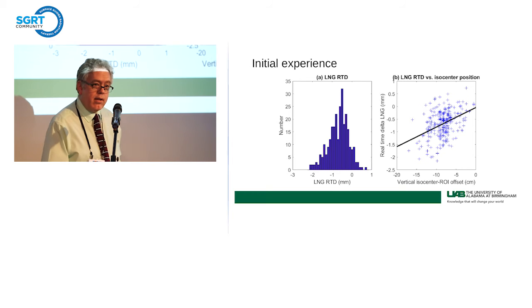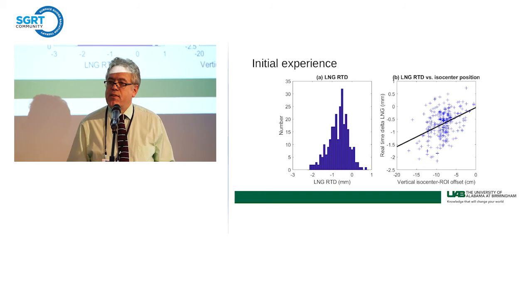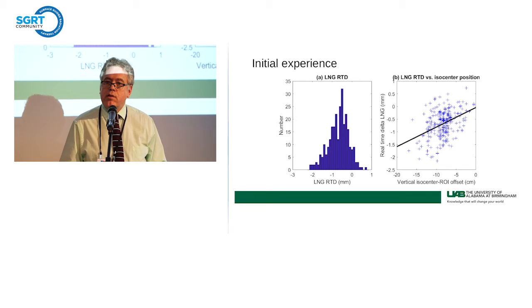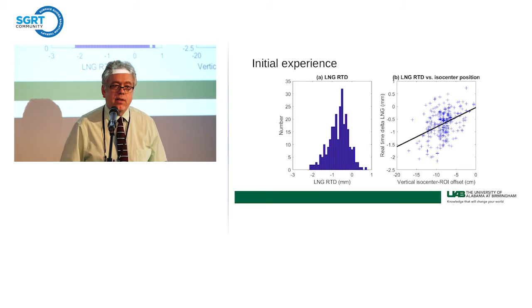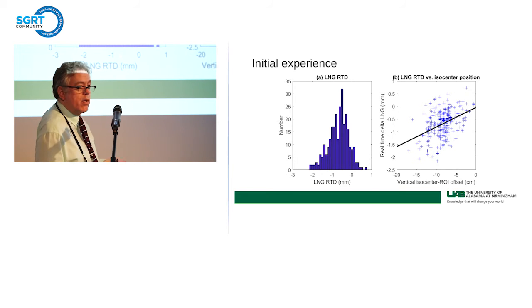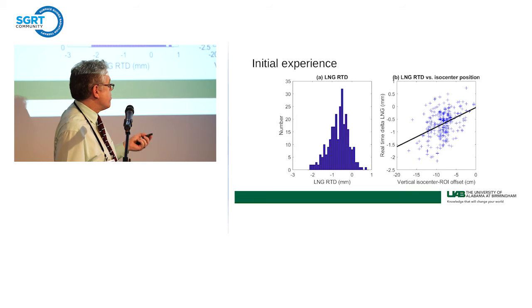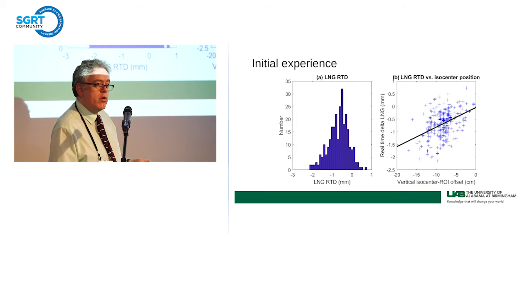If I parse it and I look at just the longitudinal, because that's what our therapists and the physicists who were attending the procedures tended to note, it seemed to happen mostly in the longitudinal direction, you can see that there's a systematic offset of between 0.7 millimeters and 1 millimeter when you rotate the couch off axis in the longitudinal direction. We went back into our treatment planning system.